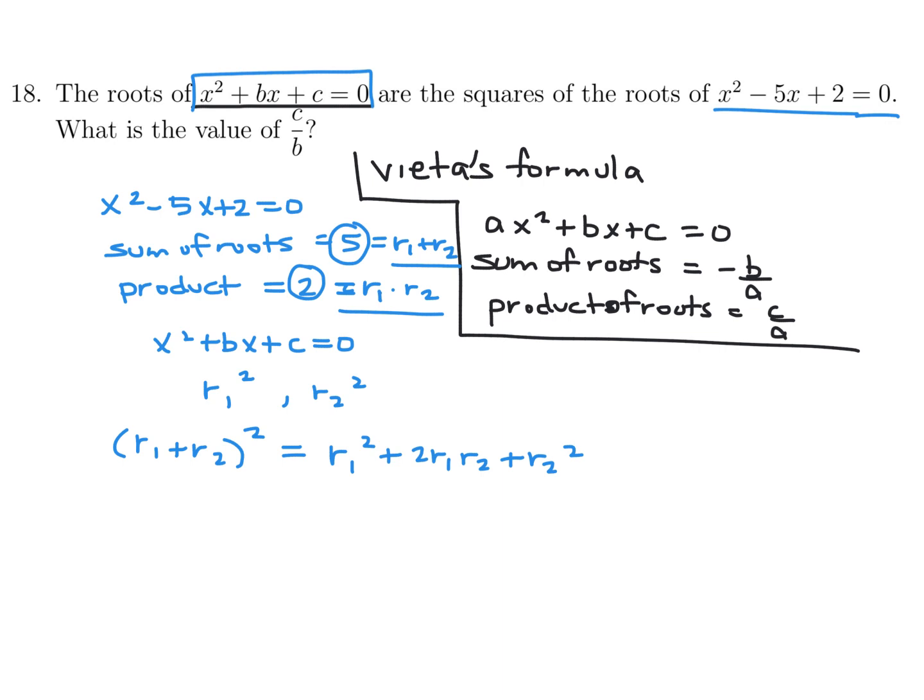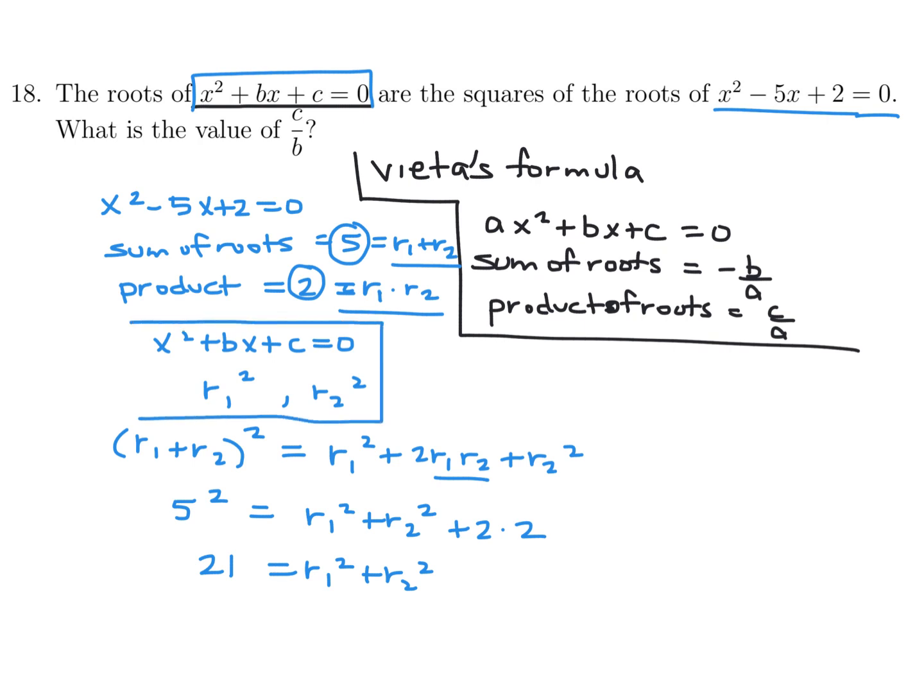So r1 plus r2 is 5, so that's 5 squared. r1 squared and r2 squared I'll just group, and r1 r2 is 2, so that's 2 times 2. As I had hoped, it does help. So that's going to be 25 minus 4, which is 21. That's a good finding, that the sum of these roots is 21. Okay, so we're getting somewhere.